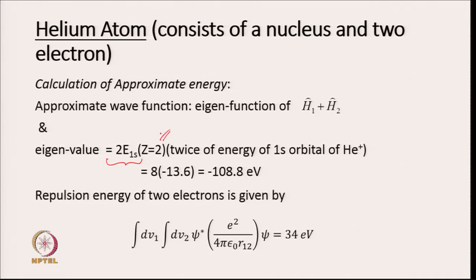Remember here Z is equal to 2. So, it will be 8 times minus 13.6 electron volt.